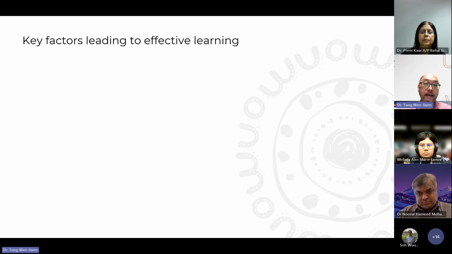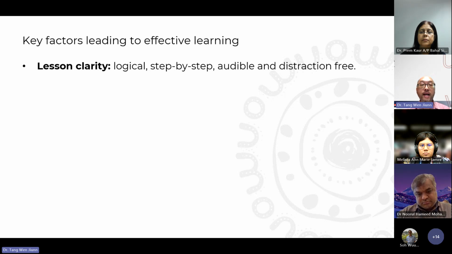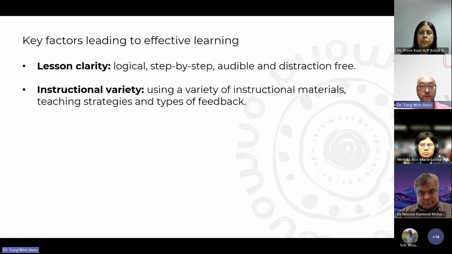So over here, I have listed out some key factors that lead to effective learning. One is lesson clarity. It's a logical, step-by-step, audible and distraction-free environment during the lesson, so that the students can easily follow and hopefully remember it until the assessment and also when they go out to work.